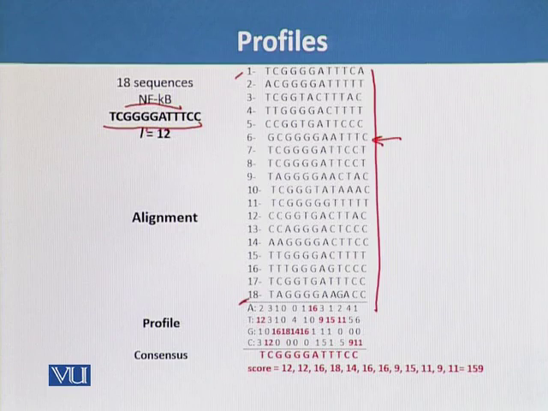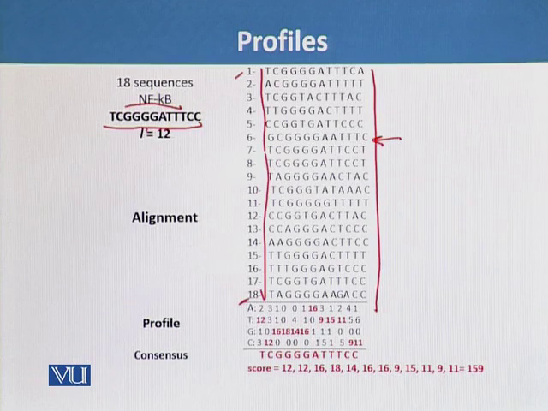This problem can be overcome by aligning these sequences, and we can count the number of A's, T's and C's within a column J.